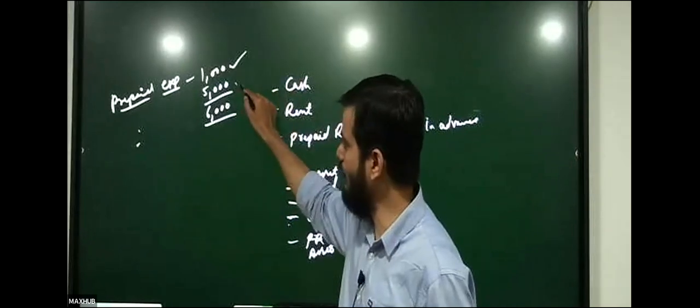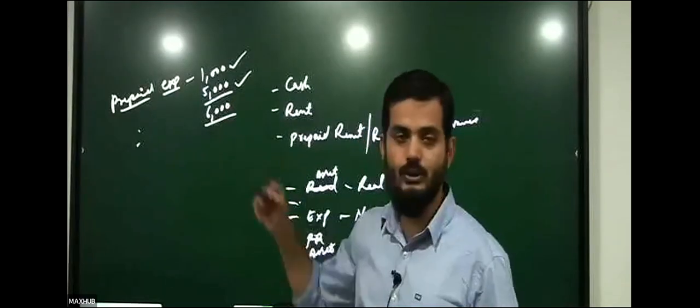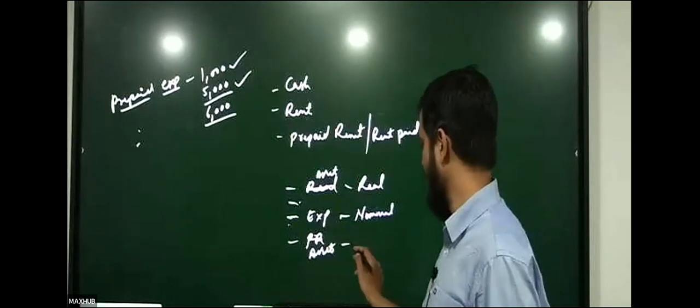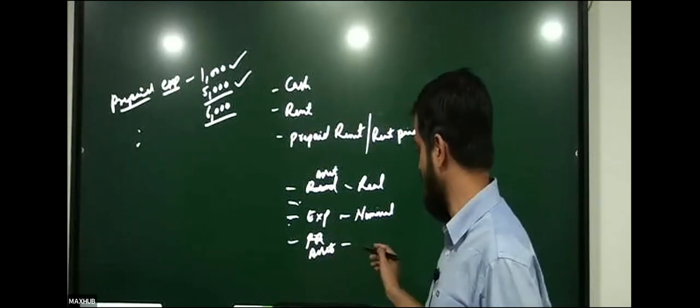The rest you have to show as prepaid, as an asset. You can't show this as an expense. Under the expense, we'll write only 1,000. I'll show you how. When we say something is an asset, what account is it? Real account.